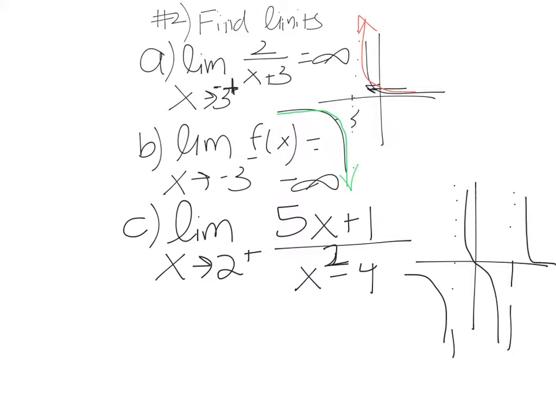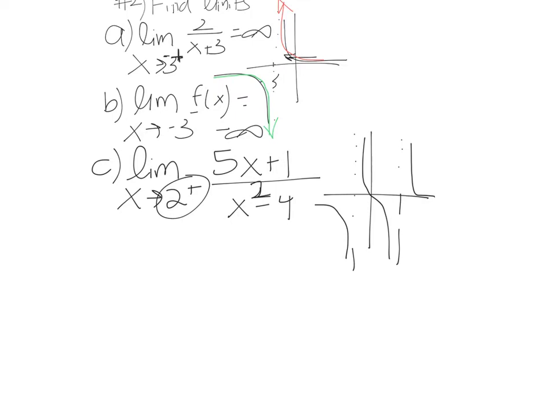I really just care about what's going on as x approaches 2, +2, from the right. So here's +2, and here's the right of it. And as I'm going towards 2 from the right, my graph is going up to infinity. And you figured that out. Okay. All right, so that's vertical asymptotes, finding the limits, stuff like that.